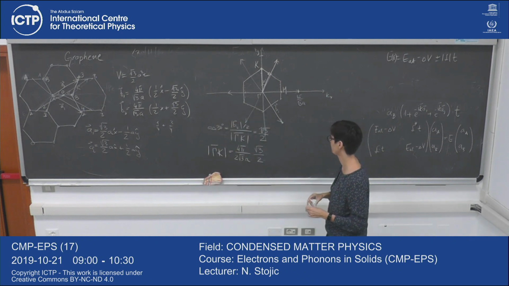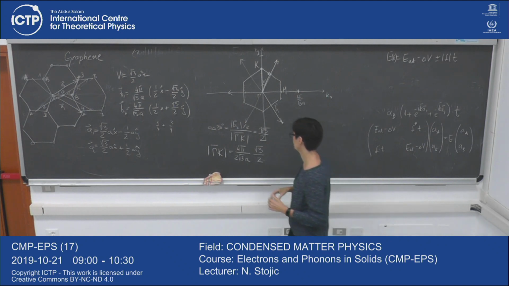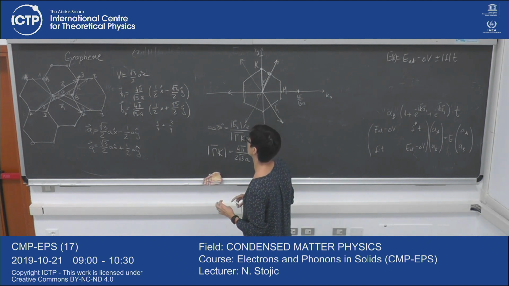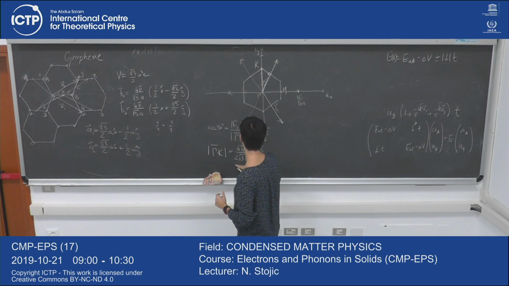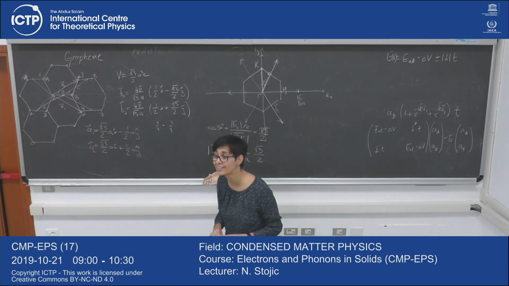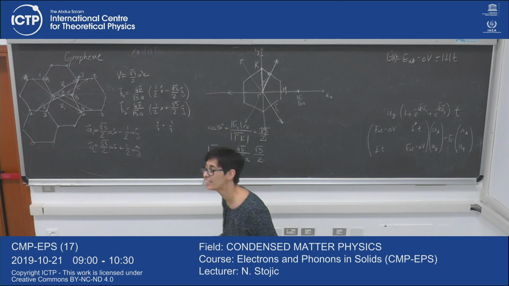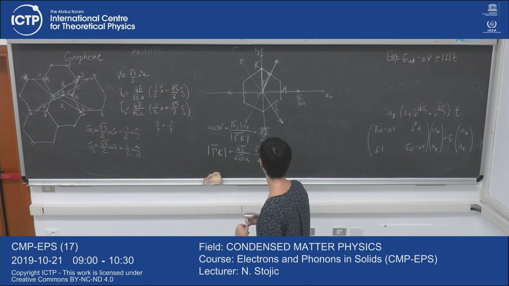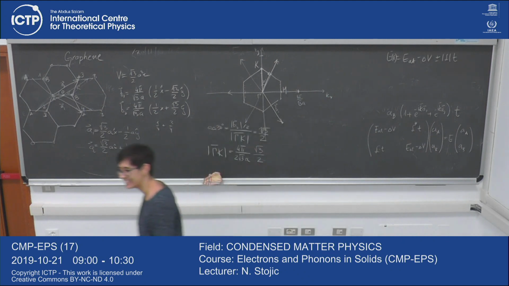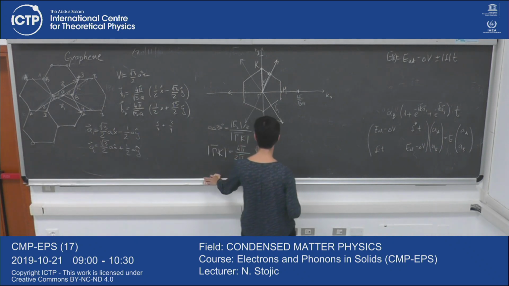2 square root of 2 over square root of... no, but I took 2. What did you say, sorry? Times 2 over square root of 3, because we're going to divide it by 2. I cannot hear, I'm sorry. It should be 2 over square root of 3, because we're dividing it by cosine 30. Right.